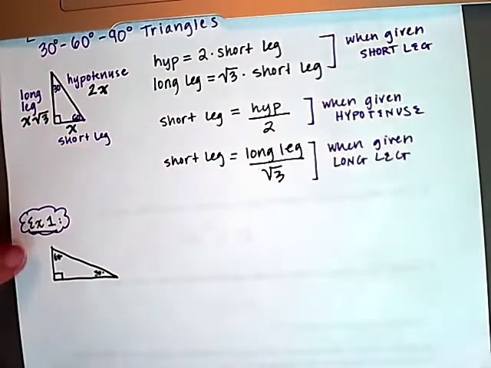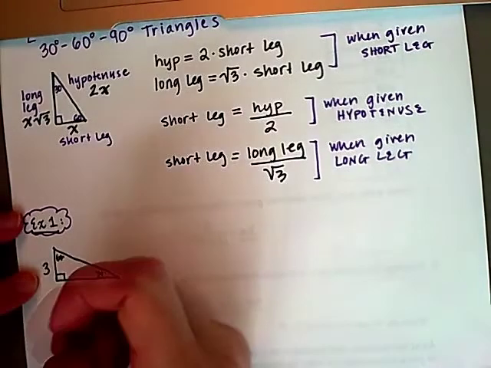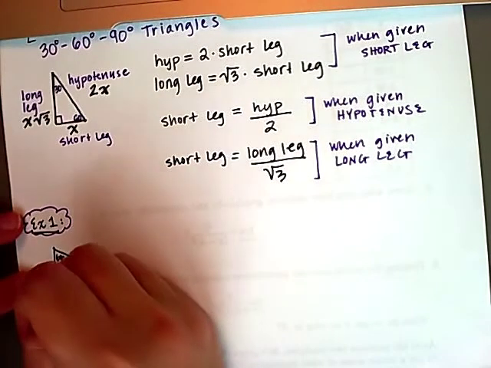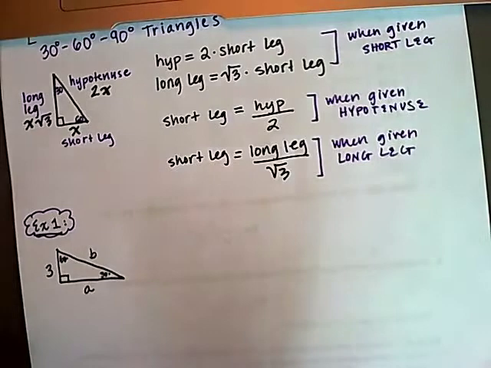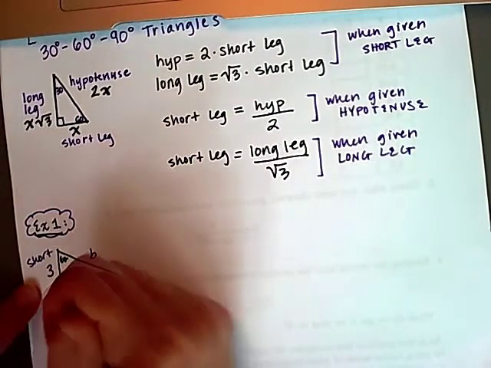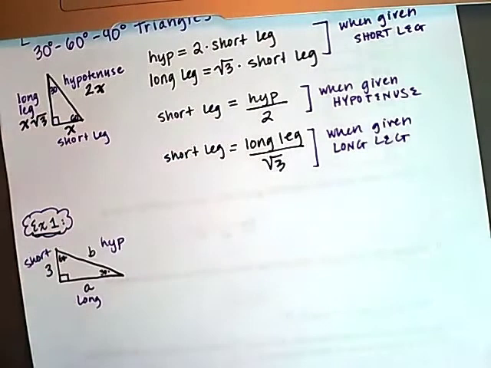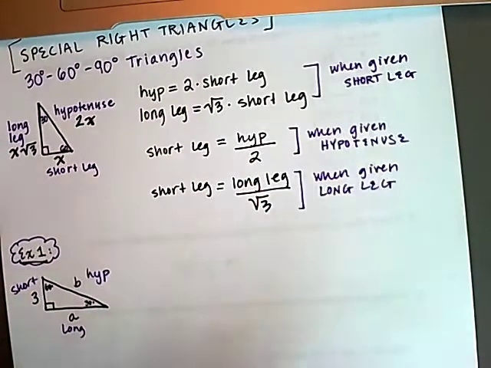I'm given the short leg as 3, and I'd like to find the long leg and the hypotenuse. If it's helpful, you can label this is short, this is long, this is hypotenuse, and that might help you think about what you're going to use.